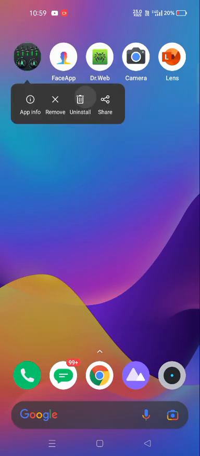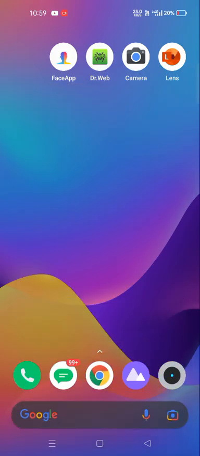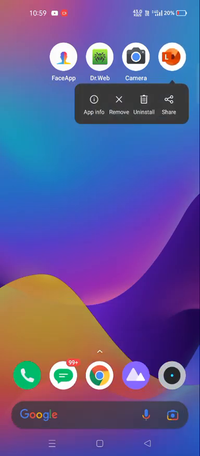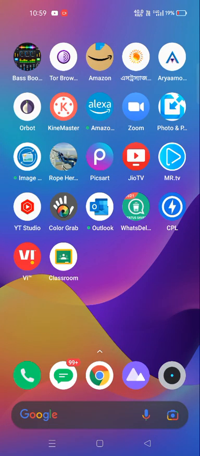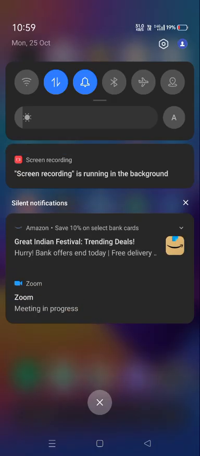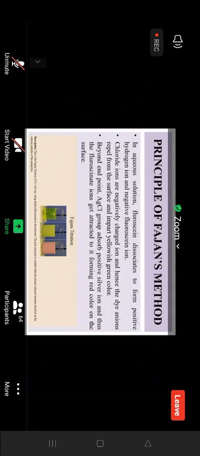Now, in that solution, positively charged ion is also present and negatively charged ion is also present. But negatively charged ion is present in more concentration compared to that of the positively charged ion. So therefore, firstly, the negatively charged fluoresceinate ion will migrate towards the negatively charged Cl minus ion.